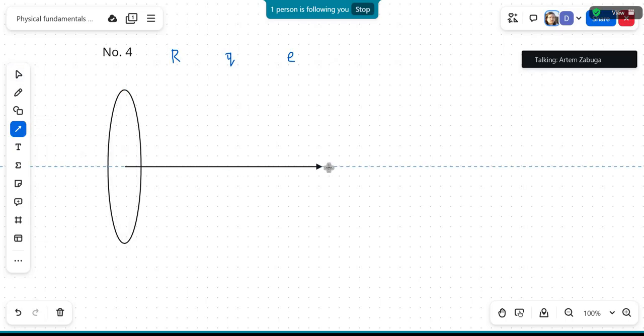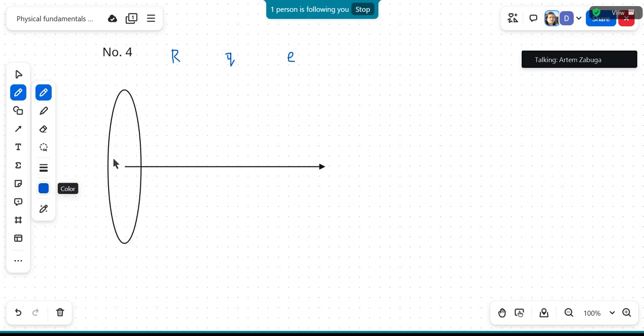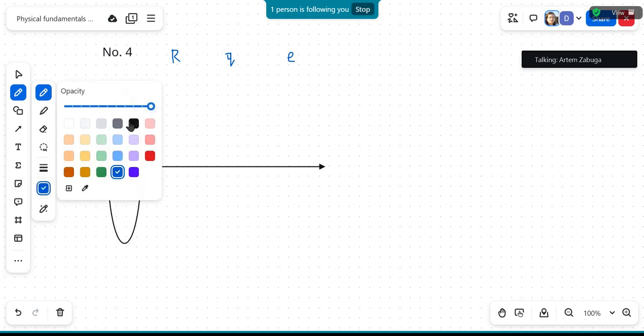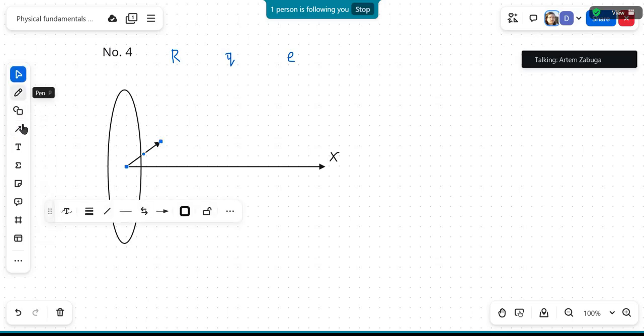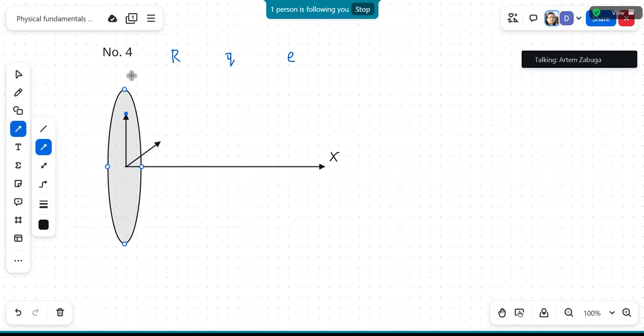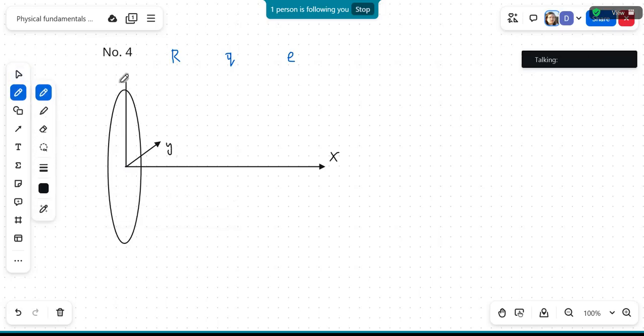I'll define axis x from left to the right, axis y, and axis z. X, Y, and Z.